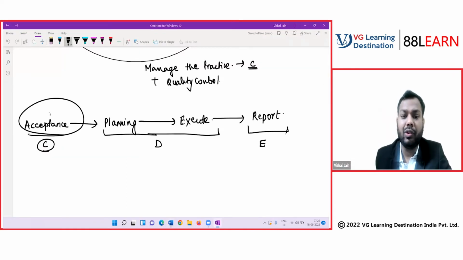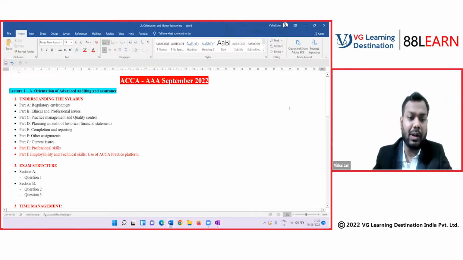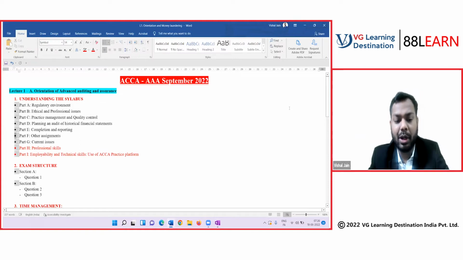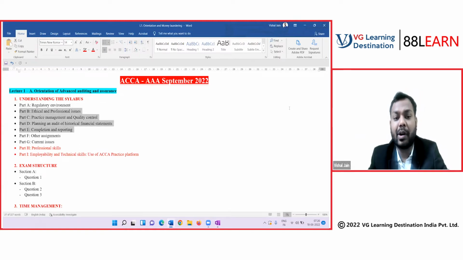Now, once we have done the reporting part, this completes our audit. Now comes part F, that is other assignments. Whenever we are in an audit firm, it's not that we only do statutory auditing. We do certain other assignments also. What are the types of other assignments?